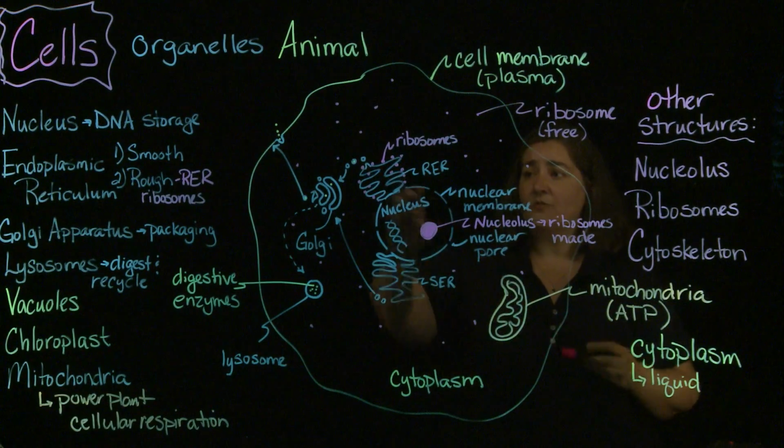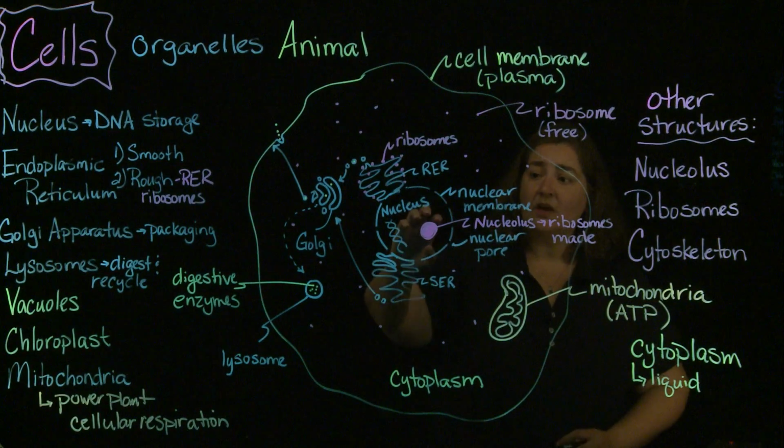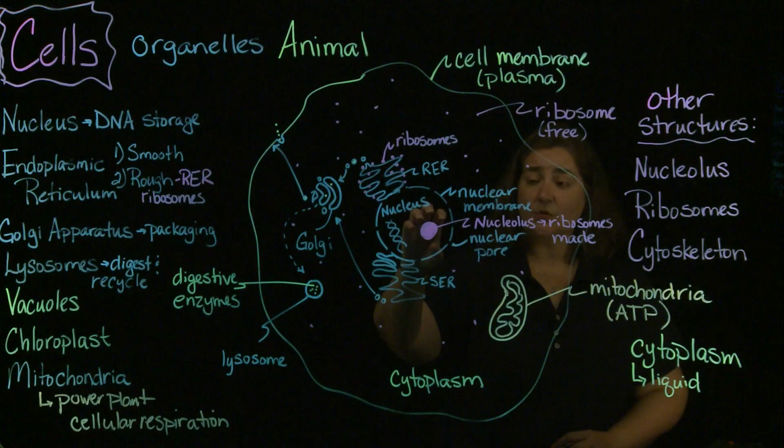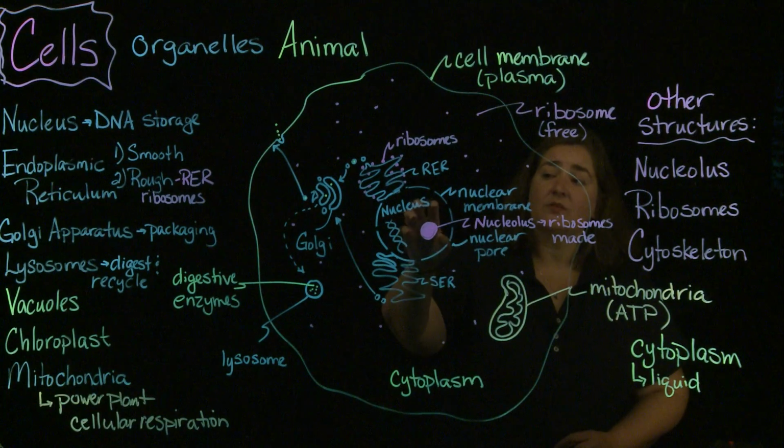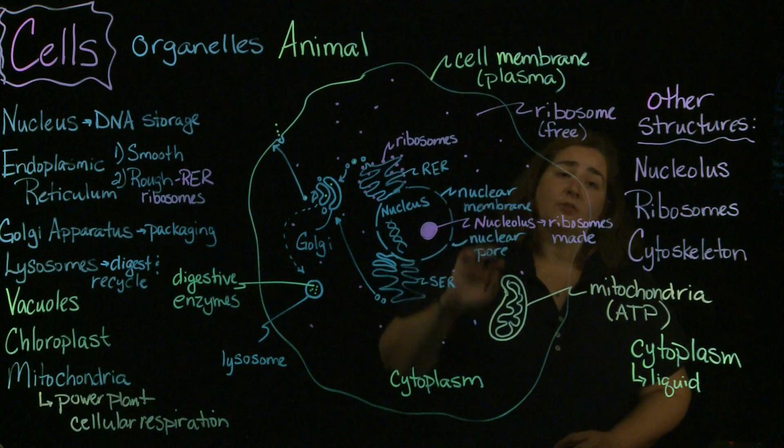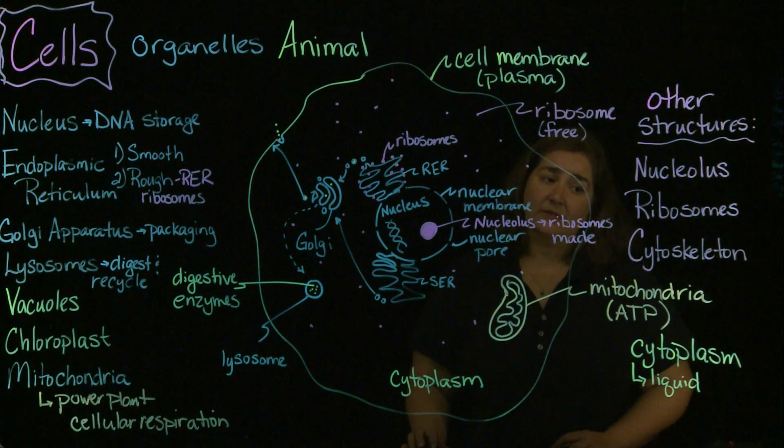So the ribosomes that are out in the cytoplasm are actually synthesized or made inside the nucleus. That's going to be an example of something else that's exported out of the nucleus. So those ribosomes move from the nucleus out to where they function in the cytoplasm.